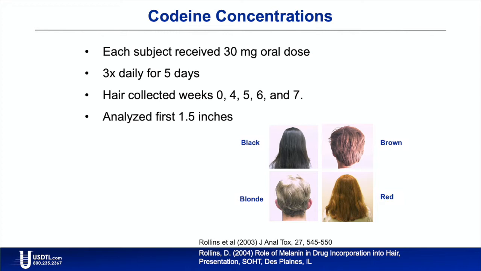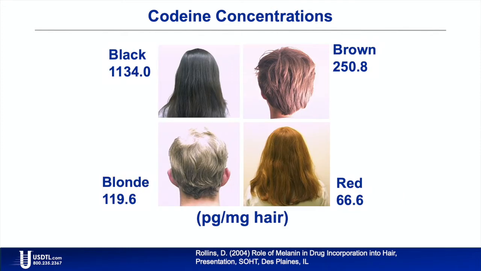And what they found was that according to hair color, as expected, we had a wide range of concentrations. So black hair at 1,000 picograms, brown hair at 250, dishwater blonde at 119, and red hair at 66. So these are individuals that were all given the same dose over the same period of time.